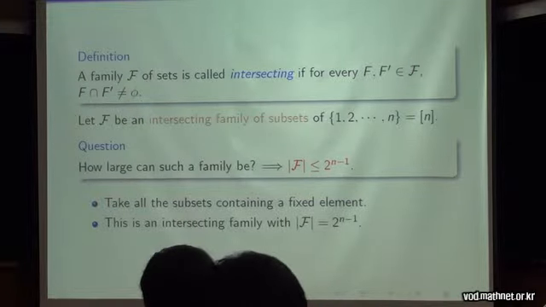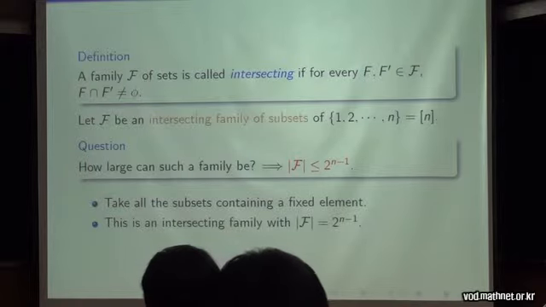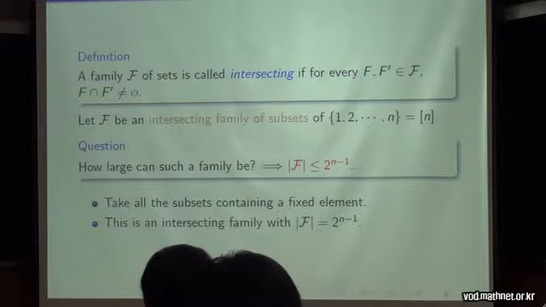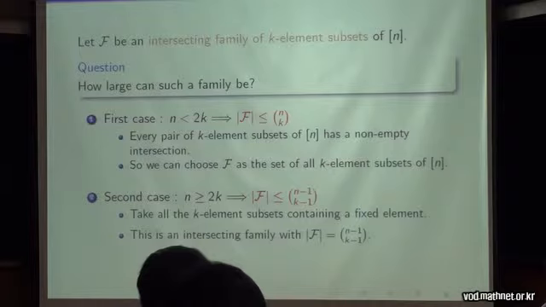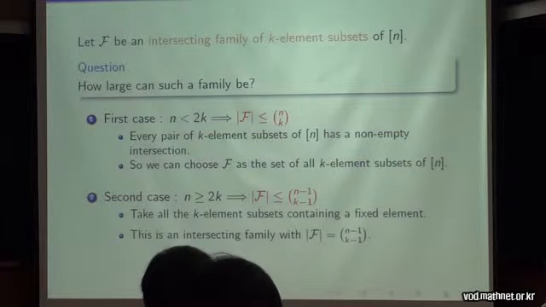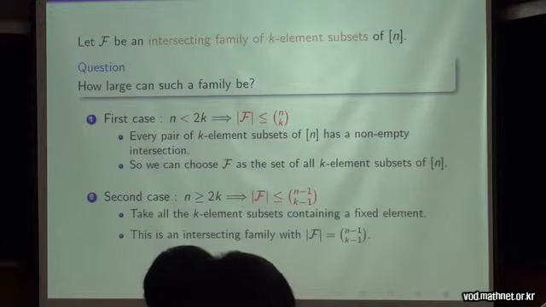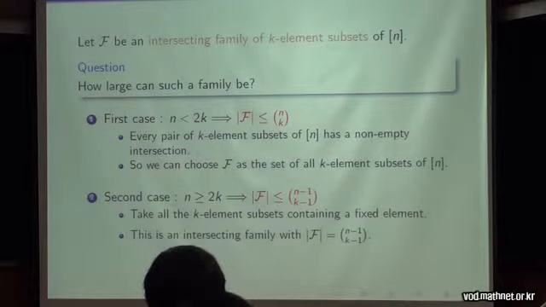If we choose all subsets containing one fixed element, it is an intersecting family because it contains one fixed point. In addition, the size of this family is 2 to the n minus 1. So that is simple. The next question is, what is the maximum size of a k-uniform intersecting family? A k-uniform family means all sets have the same size.